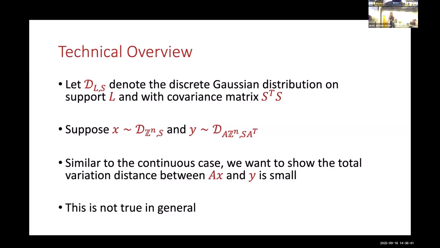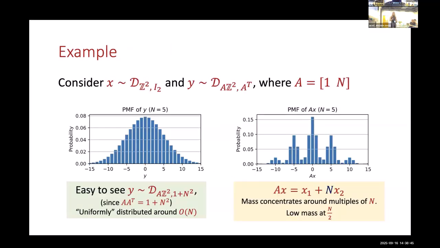Unfortunately, this is not true in general, and we'll see why on the next slide. Let's look at this example. Let's say we're just in 2 dimensions, and we sample X from a discrete Gaussian supported on Z squared with identity covariance, and Y again from the discrete Gaussian on A times Z squared with the corresponding covariance A times A transpose. And let's just pick this super simple matrix with just 1 and n in the columns. Then if we look at the right picture here, if I just multiply A times X, I'll just get the first coordinate plus n times the second coordinate.